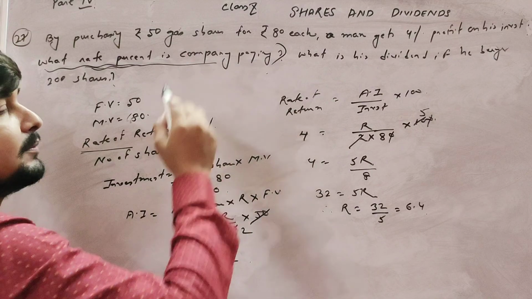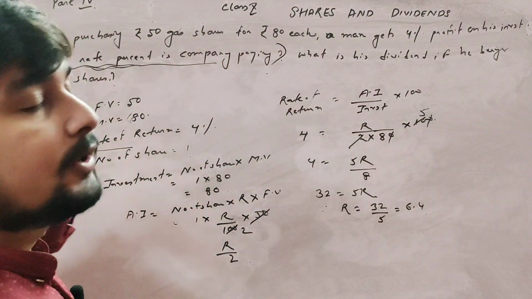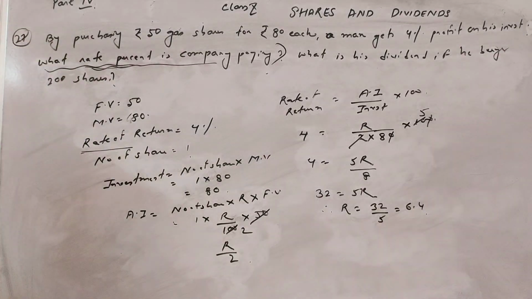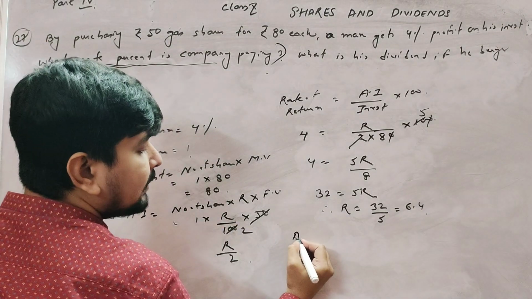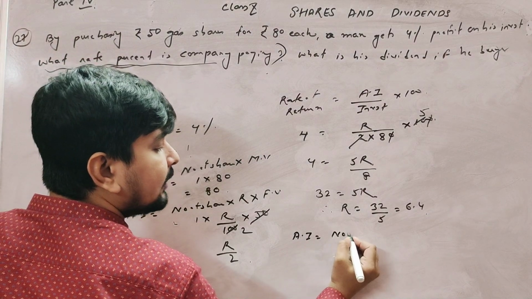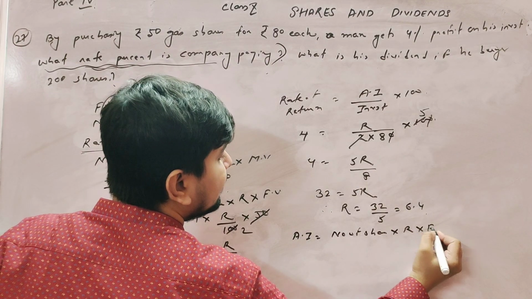The first part of the question is complete. Now: what is his dividend if he buys 200 shares? That means find the annual income if the number of shares is 200. The annual income formula is again number of shares into rate of dividend into face value.